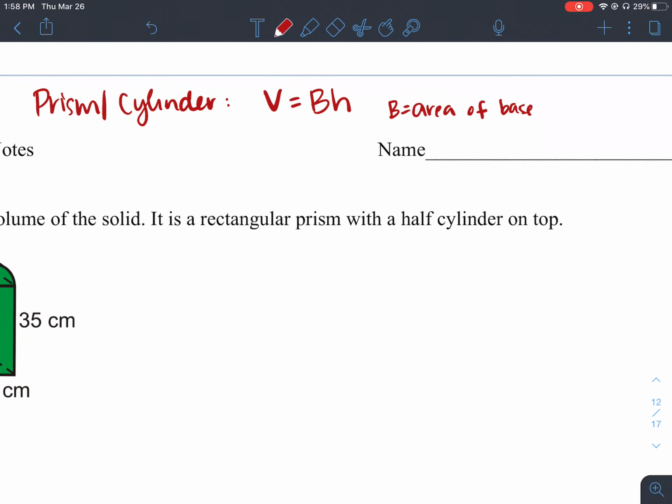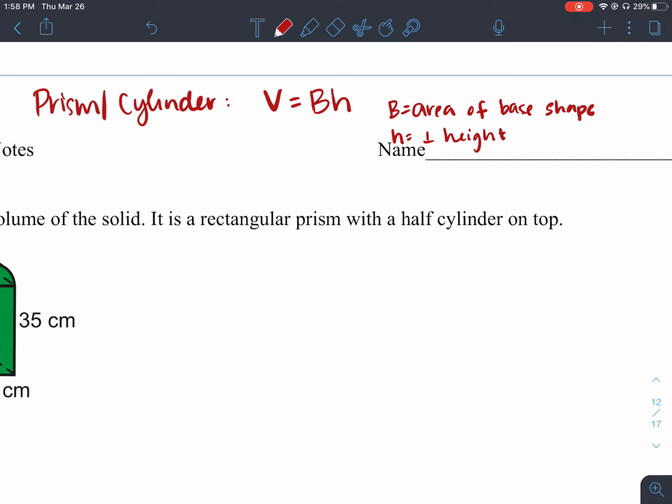Really important that we use that capital B there instead of a lowercase b. Lowercase b typically refers to one of those side lengths. And then H is the perpendicular height of our three-dimensional solid.